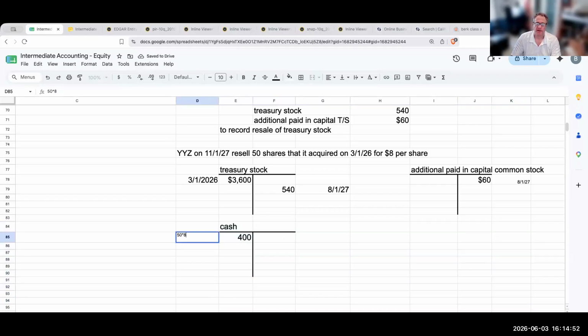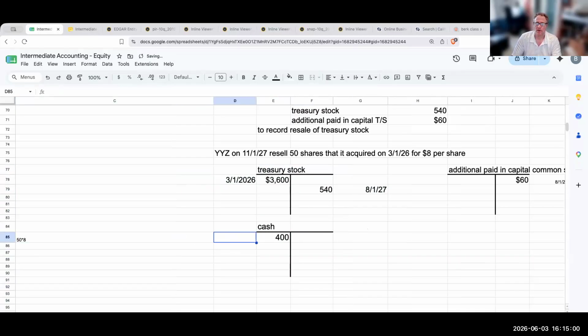So this is going to be 50 times 8. Now, when it comes to recording Treasury stock, this is going to be on 11/1/27.